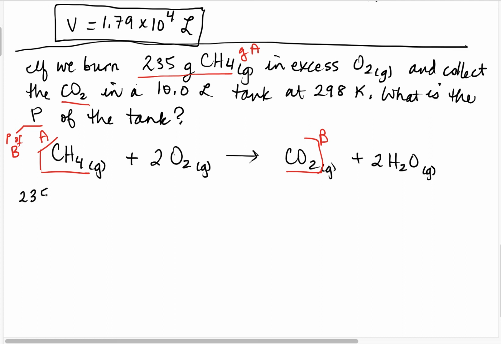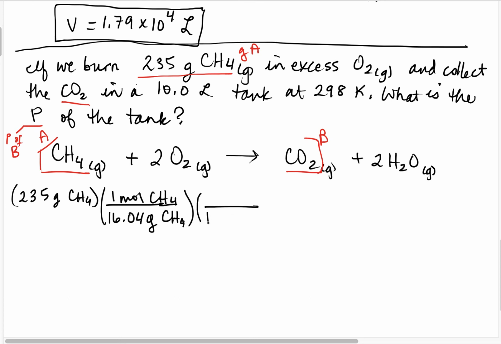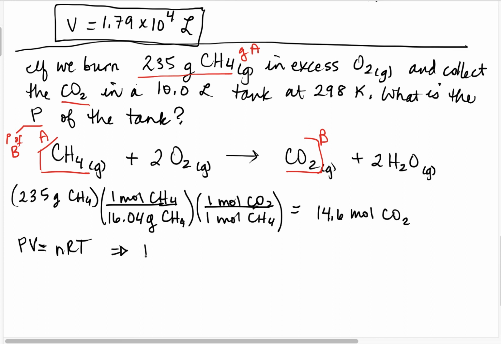So that would be 235 grams of methane that I need to convert into moles using the molecular weight. So my molecular weight I calculated to be 16.04 grams per mole. And I have a 1-to-1 mole relationship in this reaction. So I get 14.6 moles of carbon dioxide. And now this time, from my ideal gas law, I'm going to solve for the pressure.